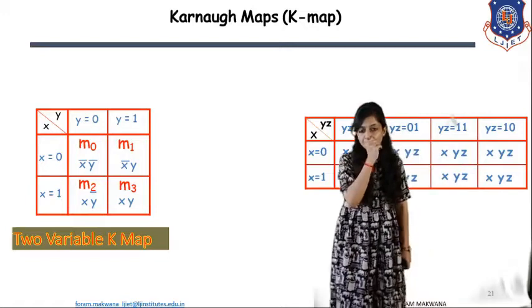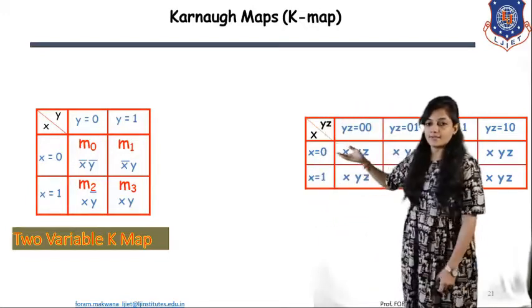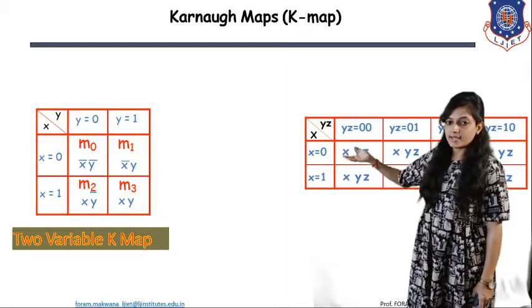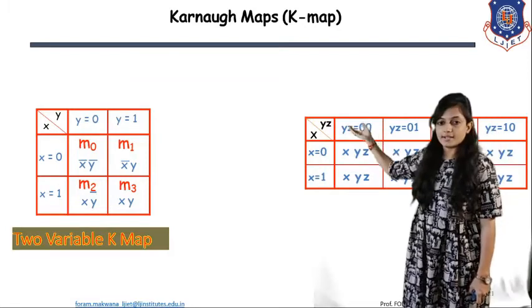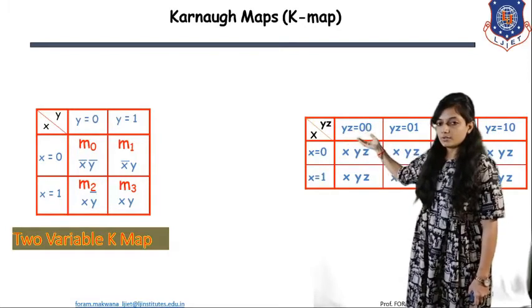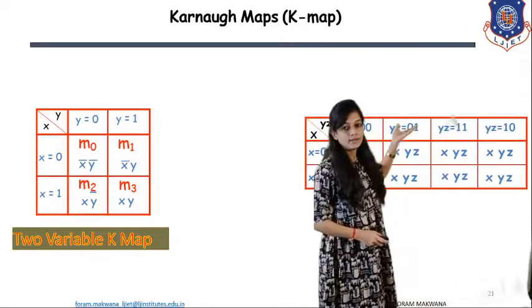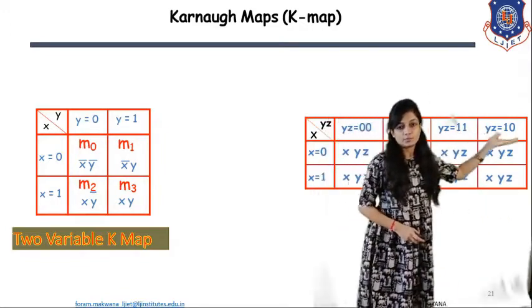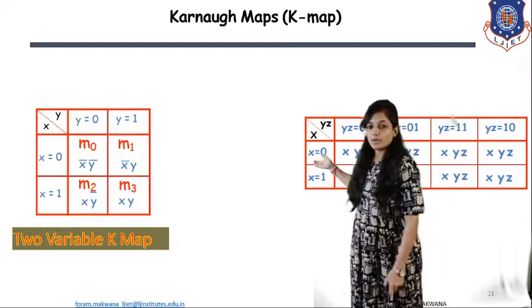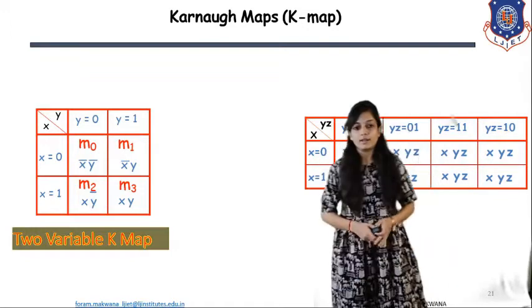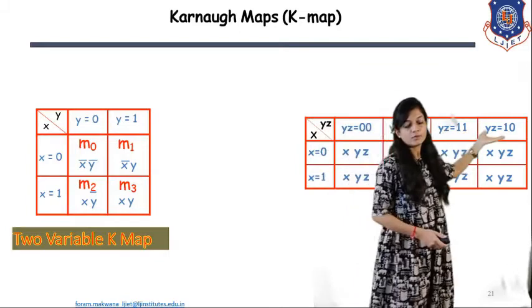Now how to write a min term specifically? As we know, variable x is there, and over it variables y and z are there. Alright. So for yz, it is 0 0, 0 1, 1 1 and 1 0. Right? So for x equal to 0 and x equal to 1, and for yz equal to 00, 01, 11 and 10.